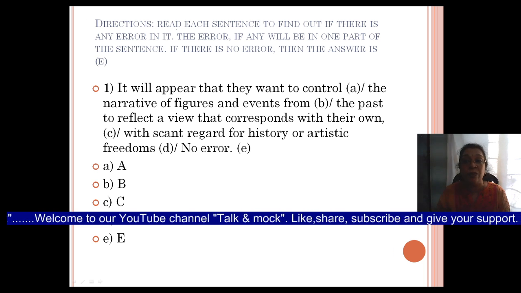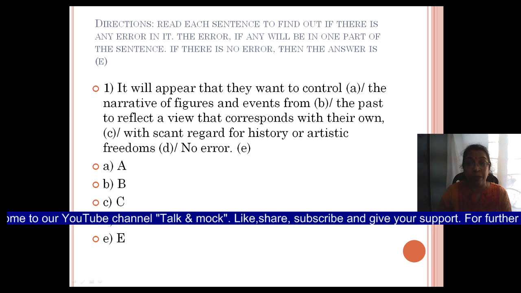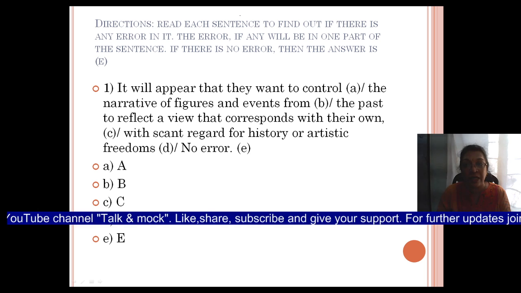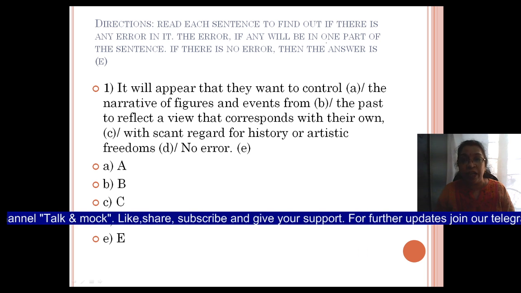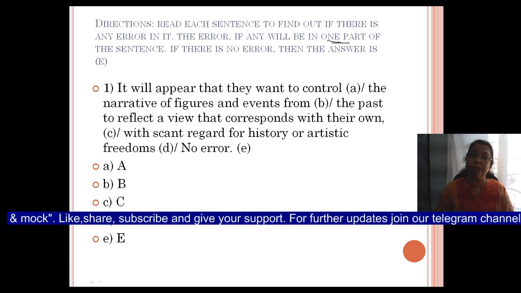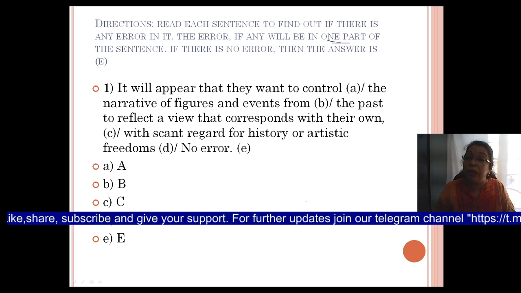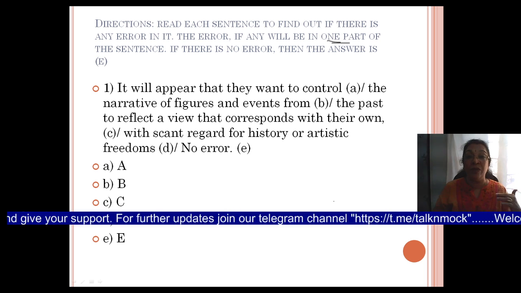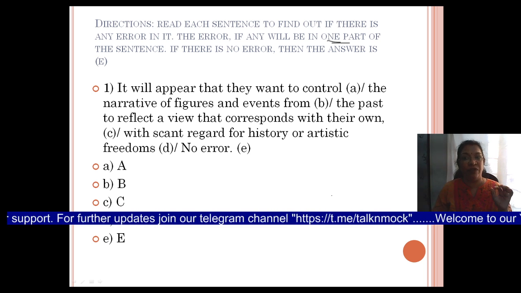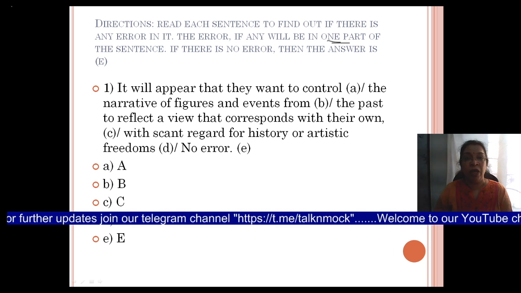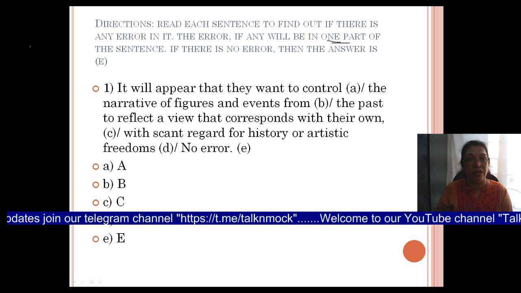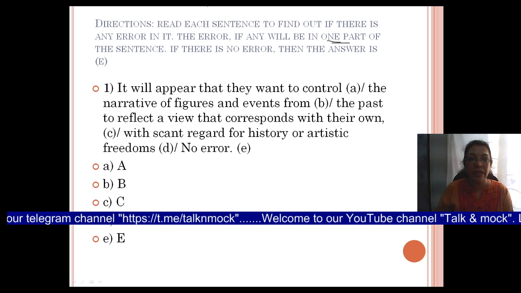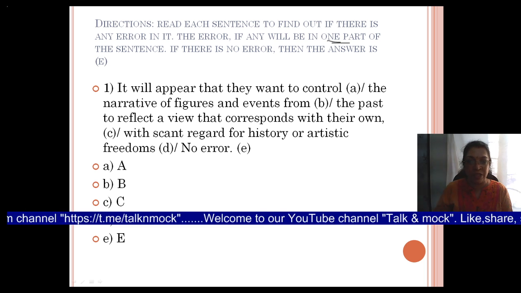The error, if any, will be in one part. Sometimes it will be like one part, that is why I tell you, read it very carefully. If it says one part, very easy. But nowadays they also say it could be in one or more parts. If there is no error, then the answer option is E. Is that clear? So let us go to the first sentence.